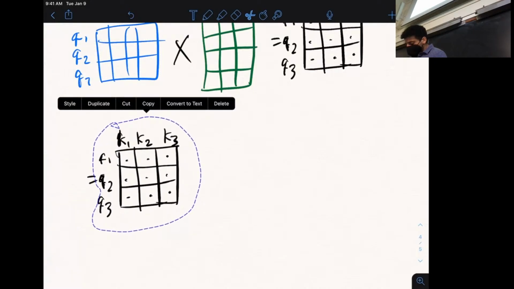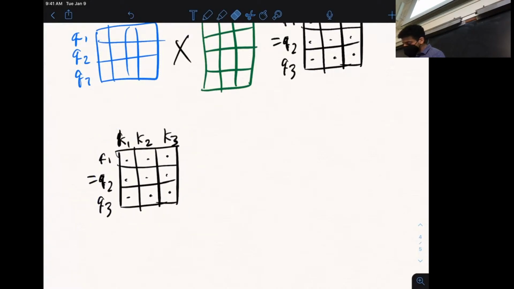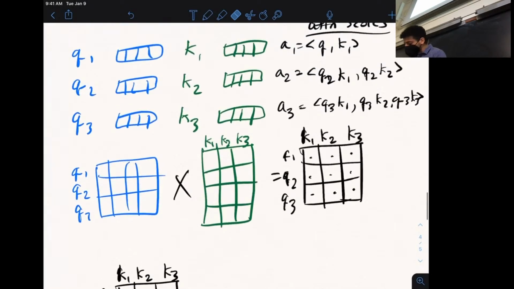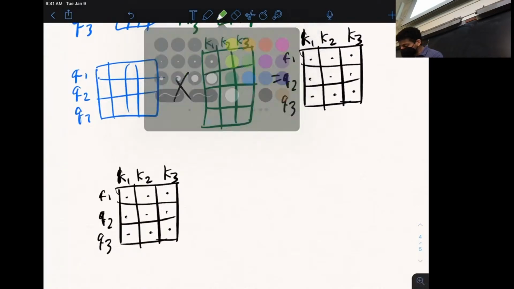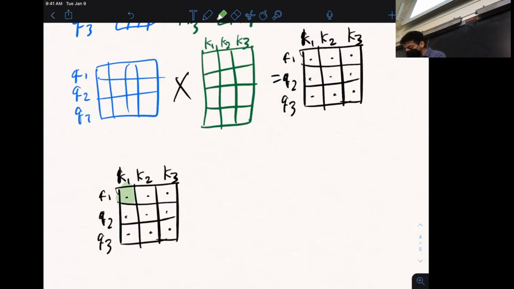So if we actually look at this, we can see that the attention scores, these A1, A2, A3, are just subsets of the rows of this matrix. So for A1, I'm interested in this cell, right? For A2, I'm interested in these 2 cells.